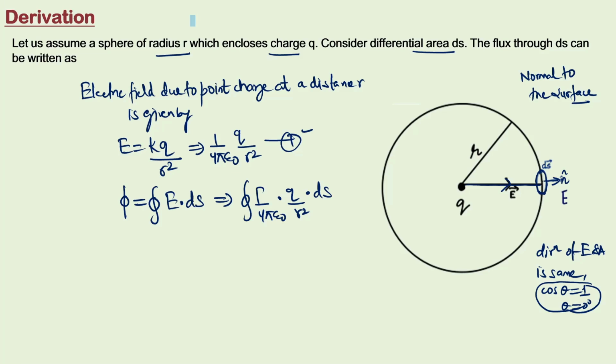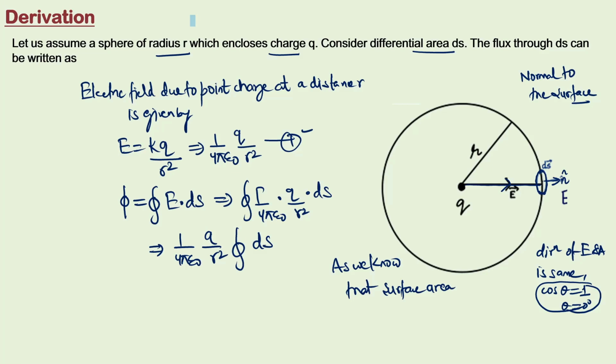Taking out the common constant terms, 1 by 4 pi epsilon naught q upon r square, we are left with the integral of dS. As we know, the surface area of a sphere is 4 pi r square.